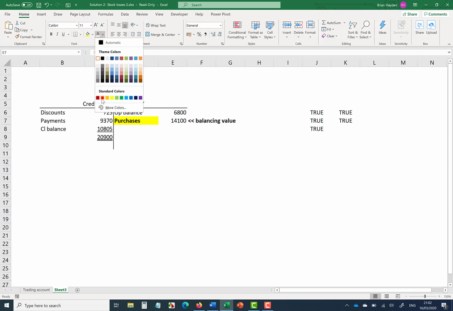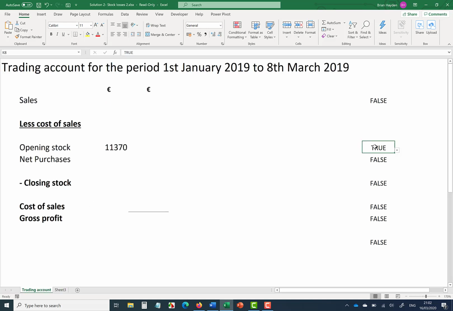I'll highlight that in red just to make it stand out. And that's going to go into my trading account. So 14,100 is the value of my purchases. So we've now got the opening stock and the purchases slotted in to give a total of 25,470.